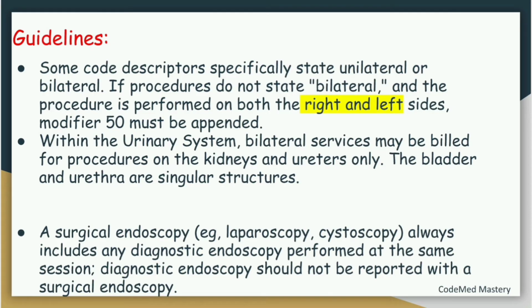In urinary system, bilateral services may be billed for procedures on kidneys and ureters only. The bladder and urethra are singular structures. And another important guideline is surgical endoscopy. For example, laparoscopy, cystoscopy always includes diagnostic endoscopy performed at the same session. Diagnostic endoscopy should not be reported with surgical endoscopy.